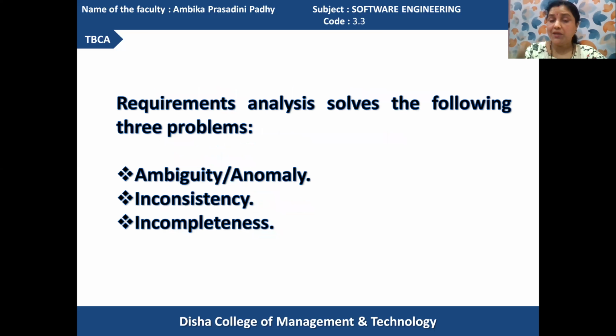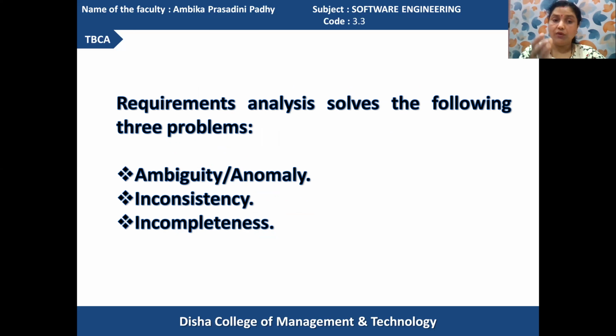And when your information is collected and the requirements have been analyzed, then you will make your points clear regarding the system's real needs. And when you understand your system's real needs, then the ambiguity, anomaly, inconsistency or incompleteness problems regarding the system will be removed.